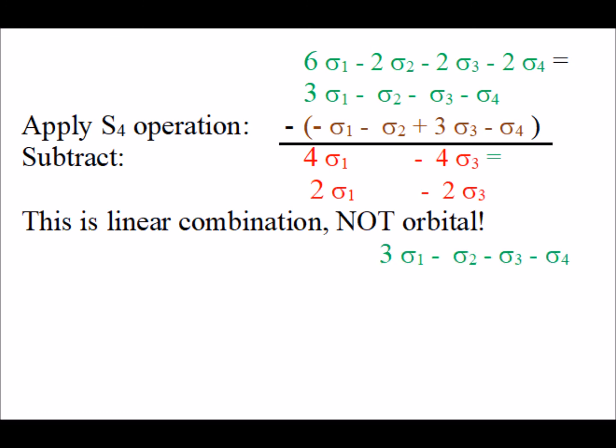What we do now is to write down our original linear combination in green, and then we're going to subtract from it the linear combination in red, and the result will be one of our 3 triply degenerate T2 molecular orbitals.